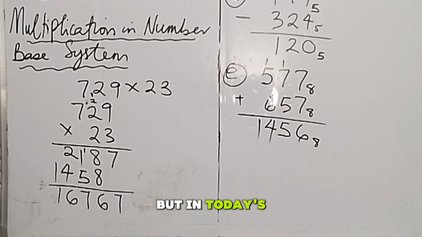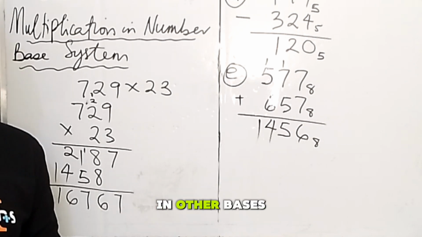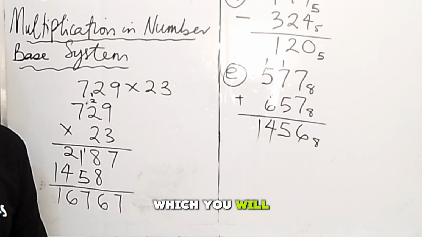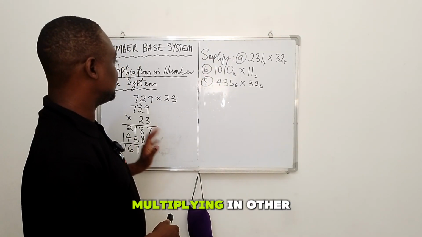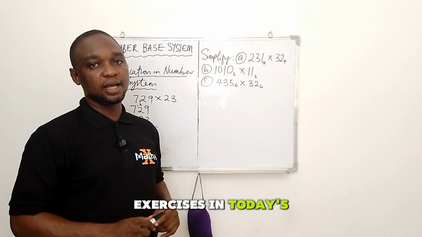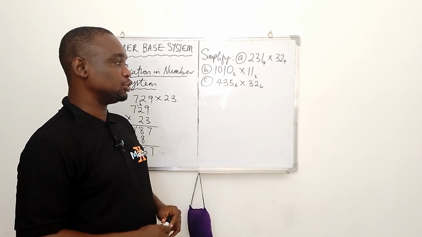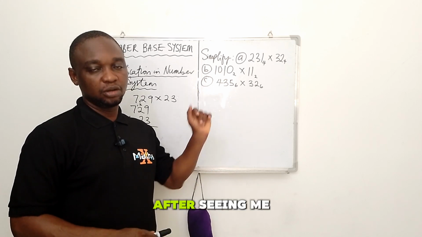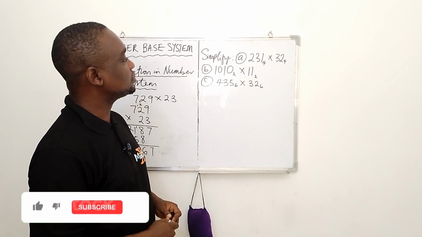But in today's class, we are going to try problems in other bases, which you will see in a moment. So to clear our doubts in multiplying in other bases, we have 3 exercises in today's class, which I want to put you through so that we should never have problems again after seeing me do this, because I'll be as clear as possible.